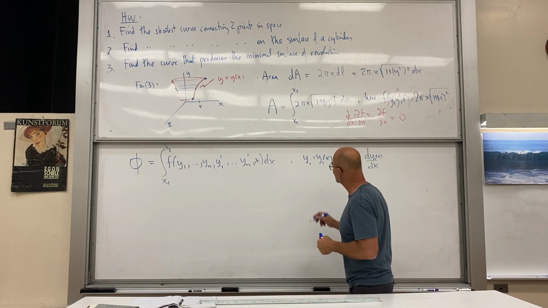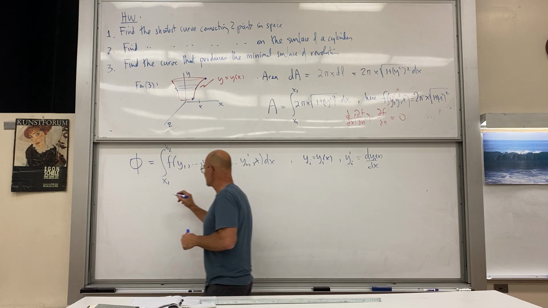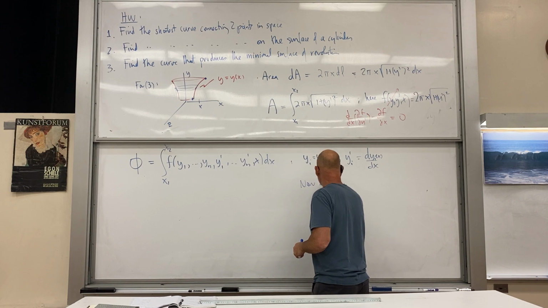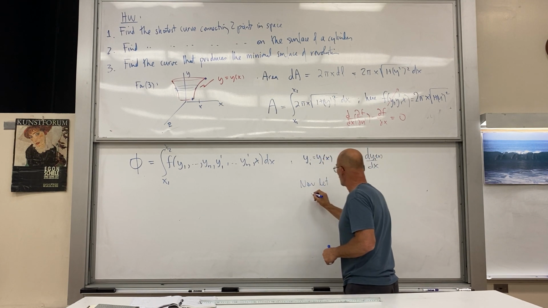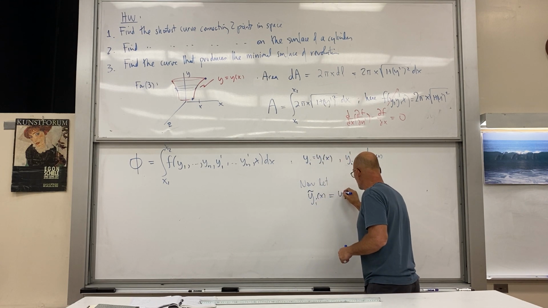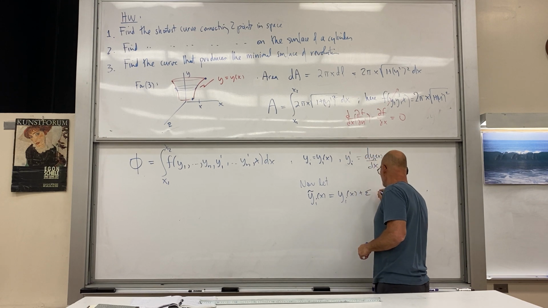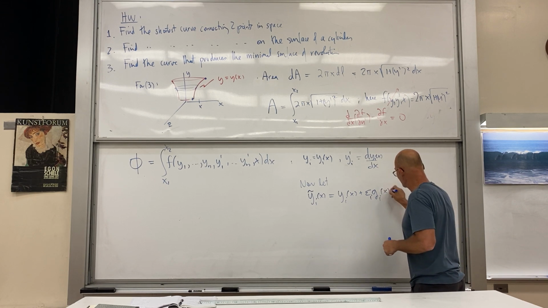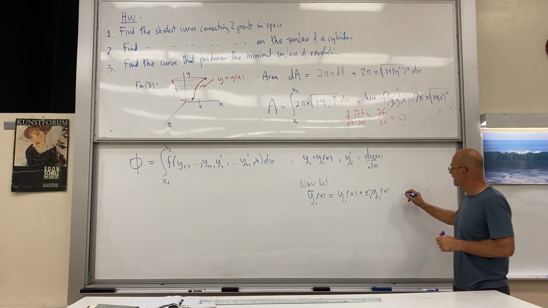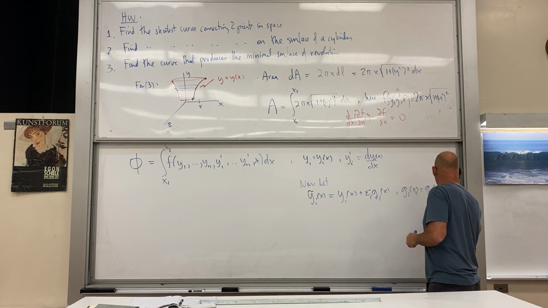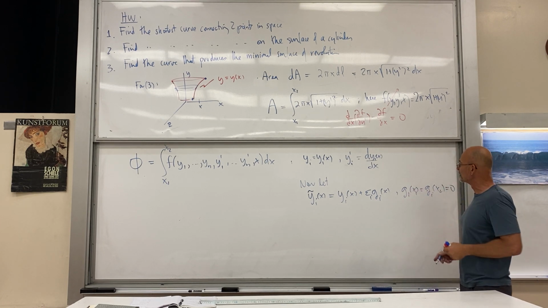Now we're going to construct, now let y sub I tilde of x equal y sub I of x plus epsilon sub I g sub I of x. Okay, very important. There's the subscript: g sub I of x1 equals g sub I of x2 equals 0. So at those endpoints, these g's equal 0 again.